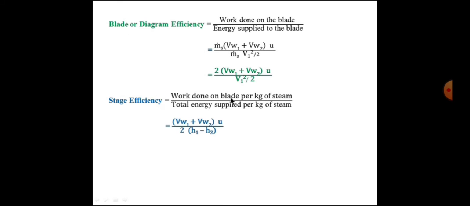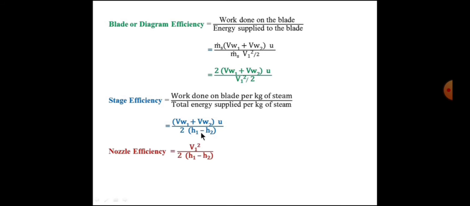Work done on the blade per kg of steam is VW1 plus VW2 into u. Since per kg of steam is mentioned, we have not taken m dot s here. And for total energy supplied per kg of steam, we need to consider heat energy, and in order to do that we need to take enthalpy values. So total energy supplied per kg of steam will be equal to 2 into H1 minus H2. That is how the formula becomes.